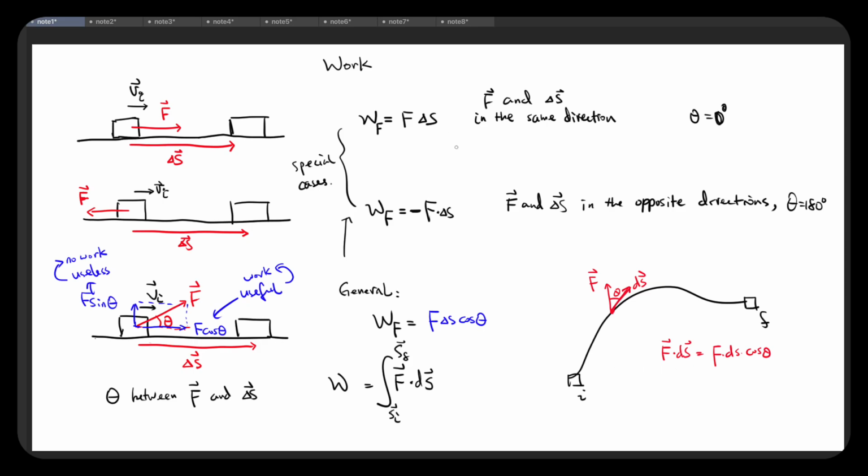Let's talk about some special cases of special forces, and the work done by such forces. The first one I want to talk about is the normal force. Here's one example.